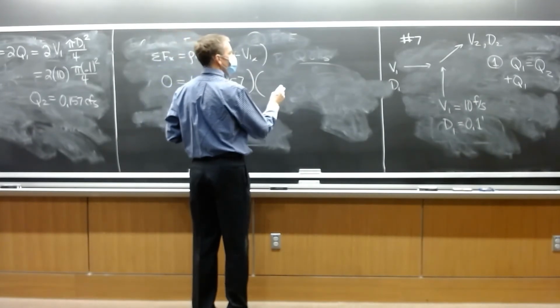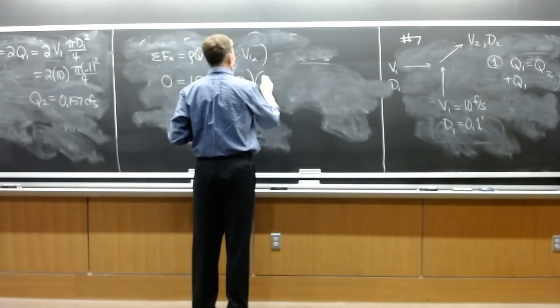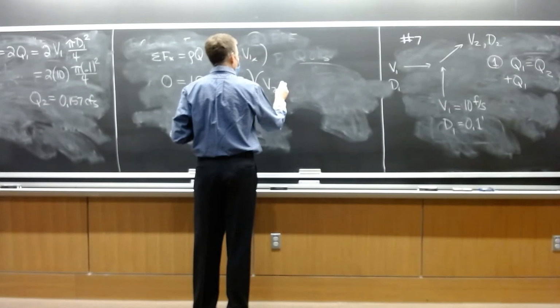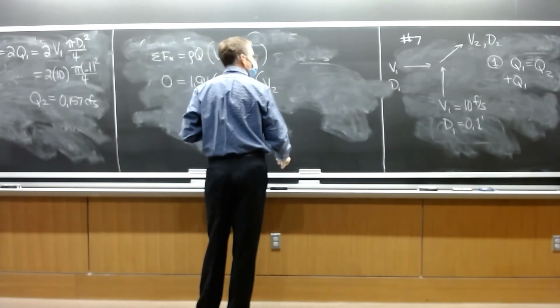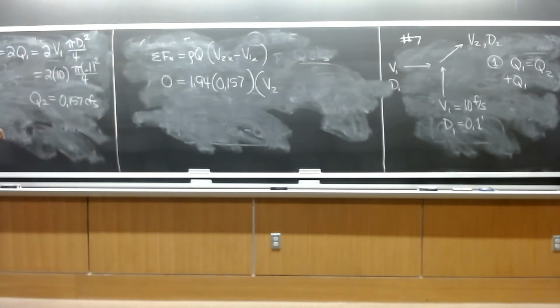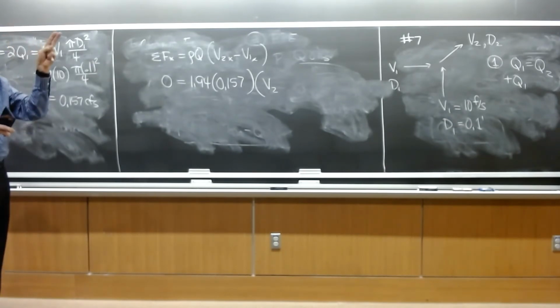Now we don't know V2. So I think the way that I would do this is that we need the angle, and there's two equations and two unknowns here: the velocity and the angle.